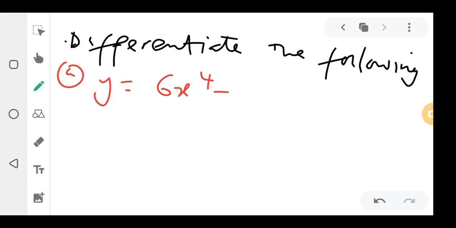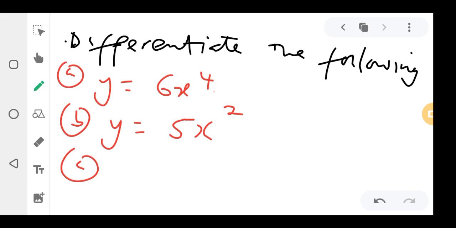Question B: y is equal to 5x power 2. Question C: y is equal to 8x power 4 minus 3x power 5.